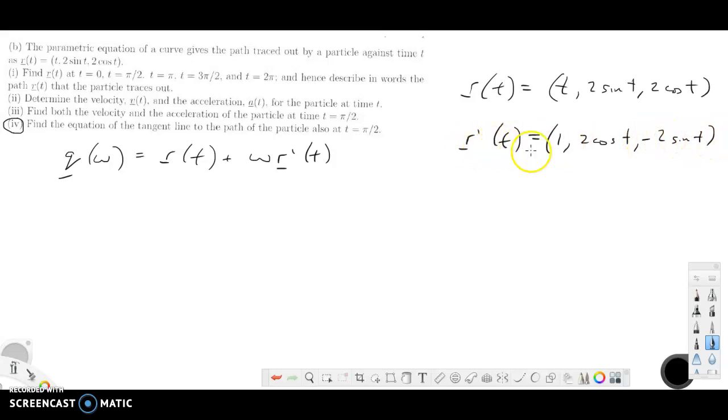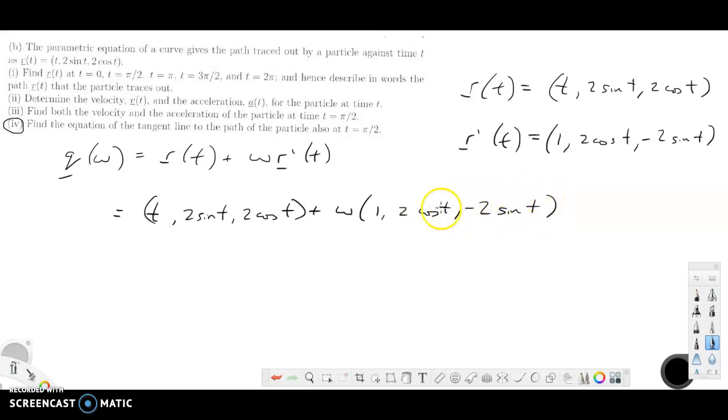So we put this in here, we have t, 2 sine t, comma 2 cos t, plus omega times 1, 2 cos t, minus 2 sine t.